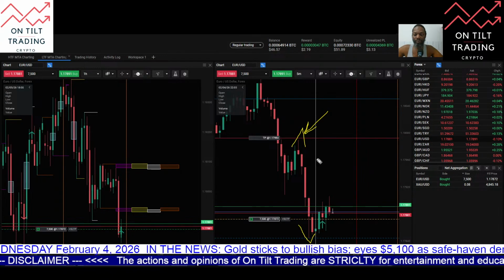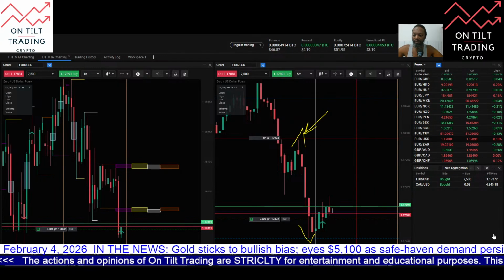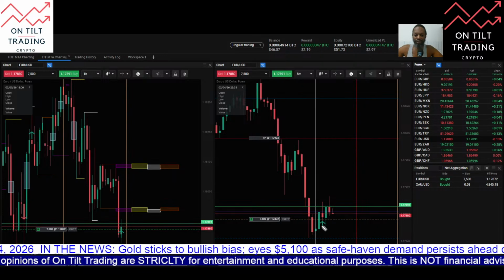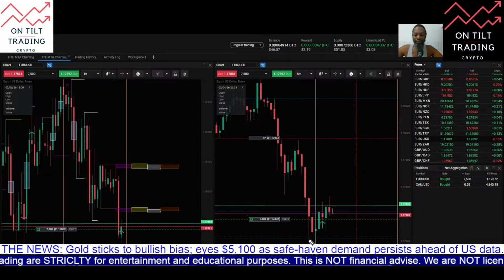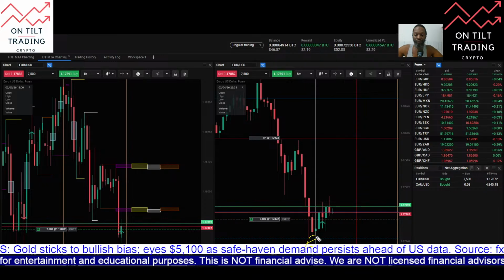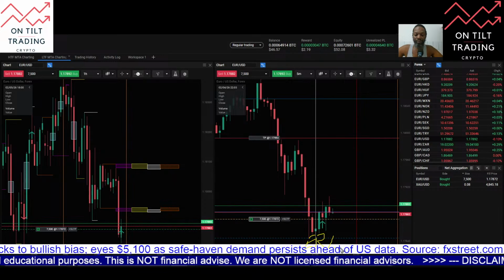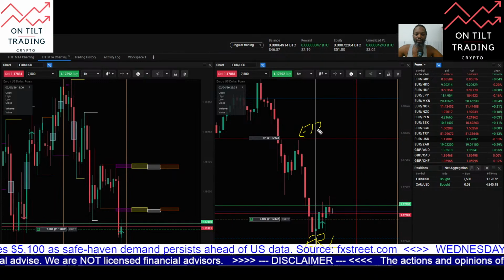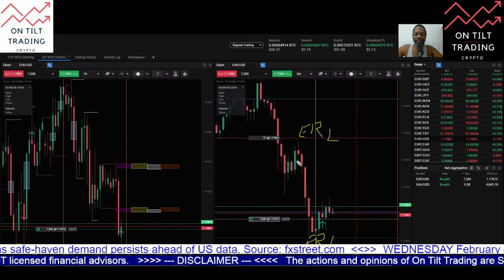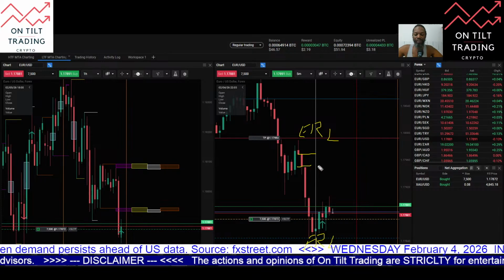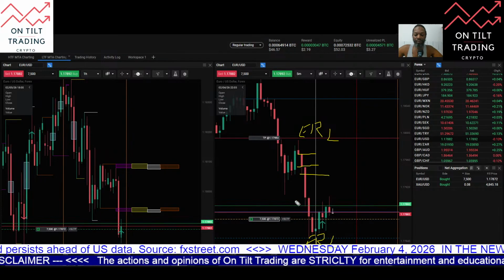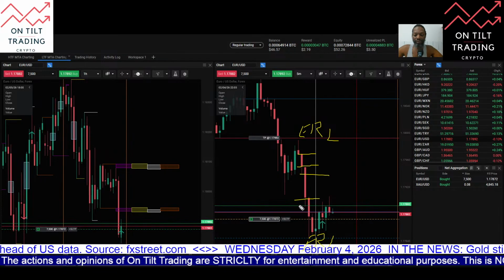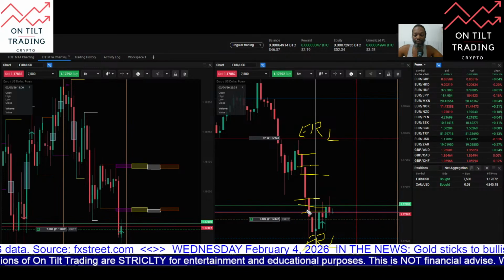So swing low to swing high, external range liquidity to external range liquidity. So this is external range liquidity here. This is external range liquidity here. And then here there are fair value gaps. Here's 1, here's 2, and price is currently trading in this one here.